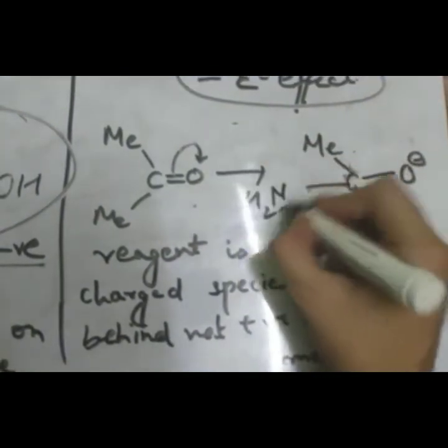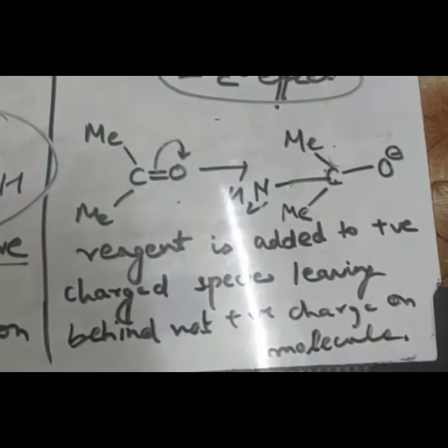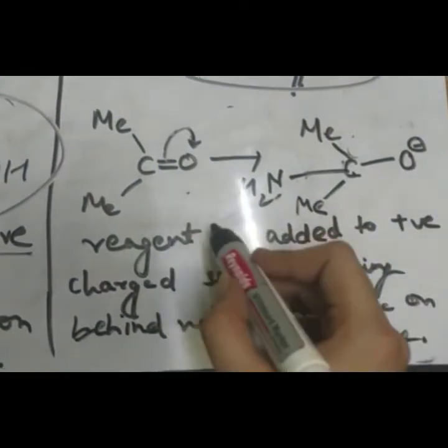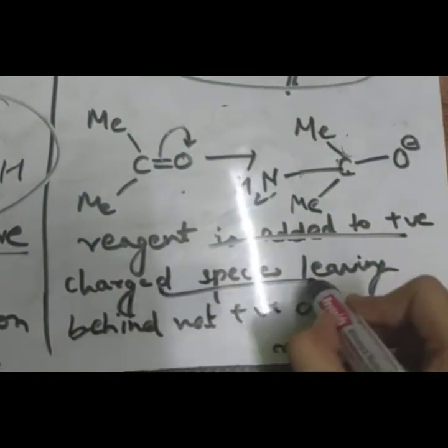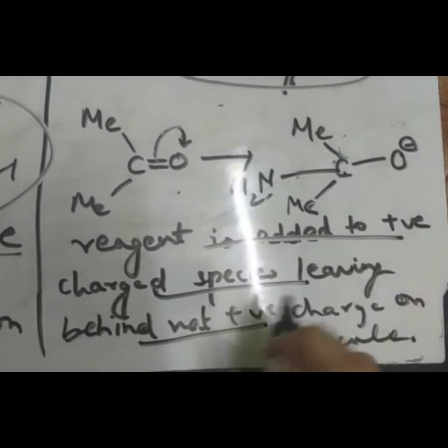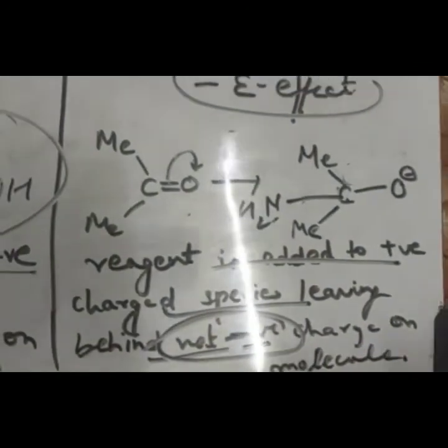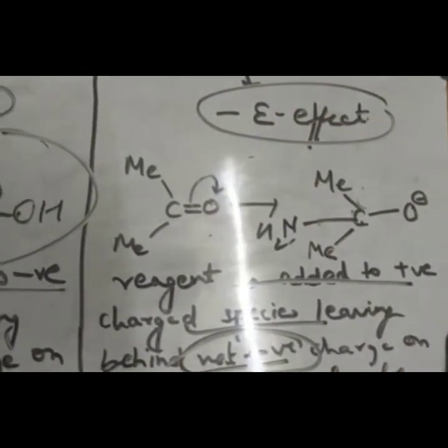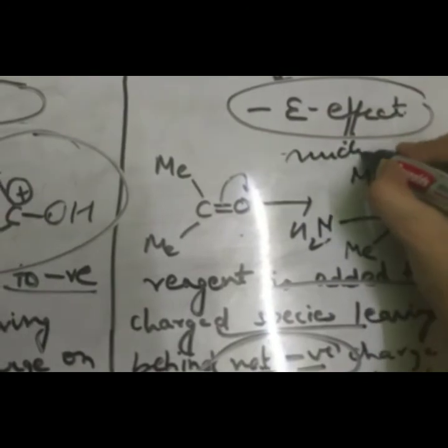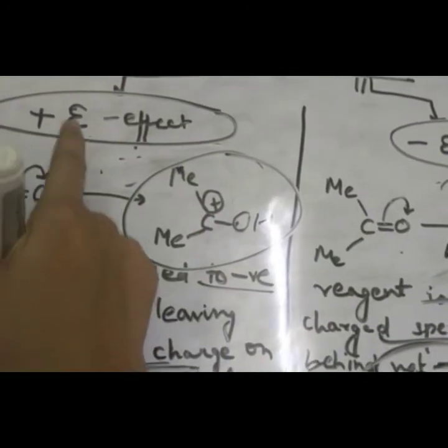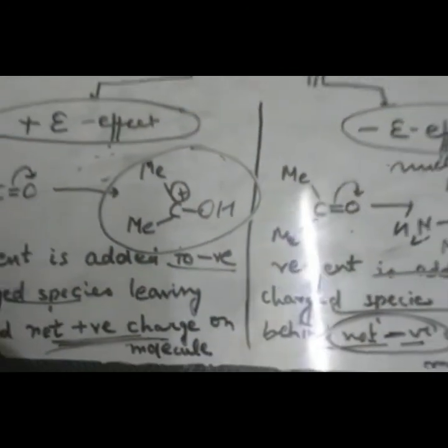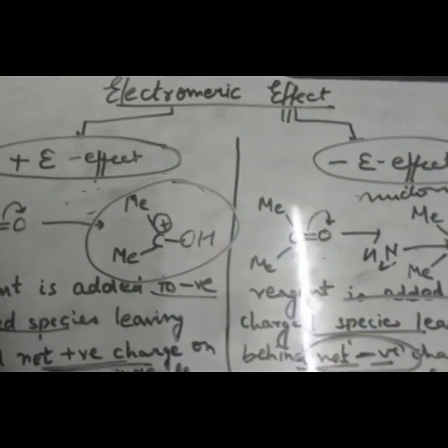So this is NH2, and the net charge on this molecule is negative. The reagent is added to the positively charged species, leaving behind a negative charge on the molecule. So this is minus E effect. Also we can say that in minus E effect, a nucleophile is added to the molecule, and in plus E effect, an electrophile is added to the molecule. So this was about the electromeric effect.